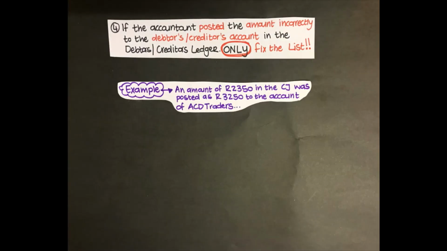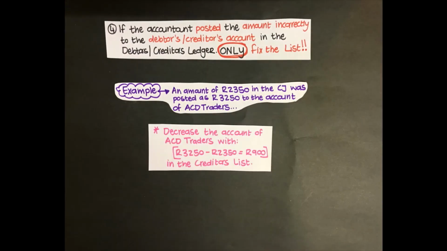For example, an amount of 2,350 Rand in the CJ was posted as 3,250 to the account of ACD traders. So the only problem is ACD traders account was credited with 900 Rand more than it should have been. So you decrease the account of ACD traders in the creditors list.